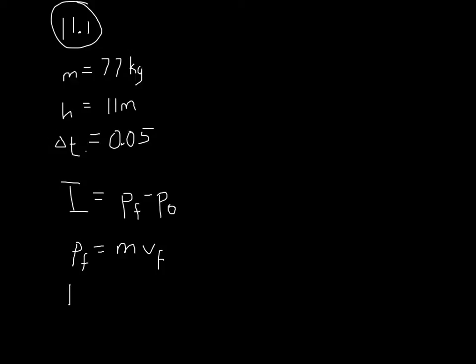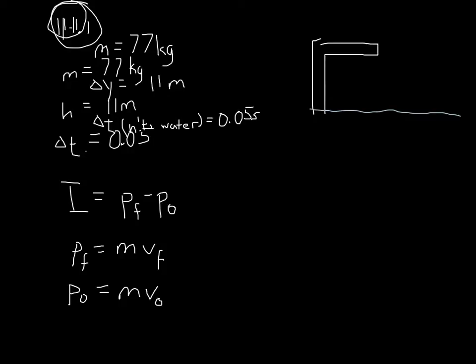And my initial momentum is equal to my mass times my initial velocity. Now I jump off of this diving board and I start falling. So my initial velocity, the velocity I start with, is from rest. So my initial momentum has to be 0. To find my final momentum, I need to know this final velocity.